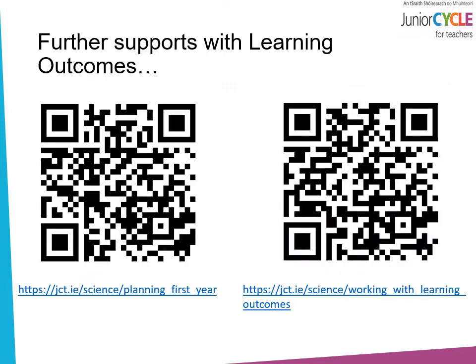If you are new to Junior Cycle Science and want more information on unpacking learning outcomes, use the QR codes to access further supports. Pause the video now if you wish to view these resources.